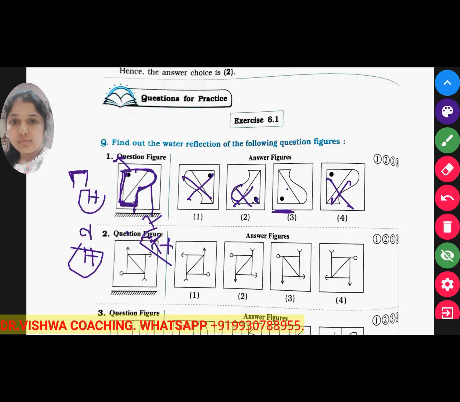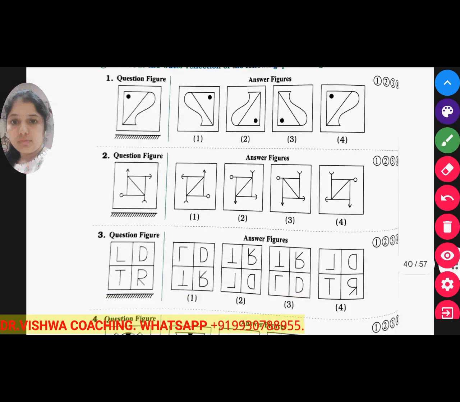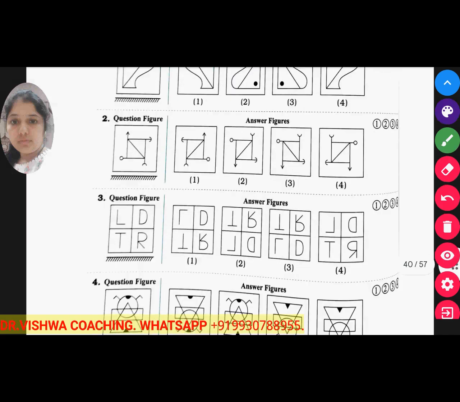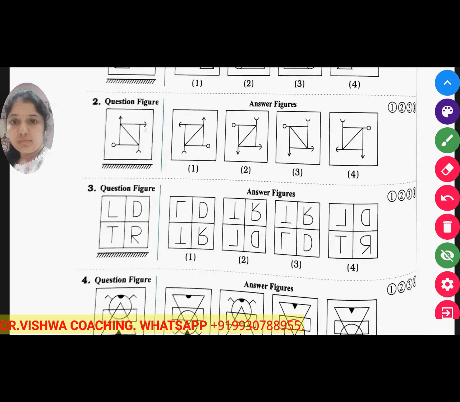Understood? The up part will come to down, the down part will come to up, and whatever is in the left remains in the left, whatever is in the right remains in the right in water images, or water reflection. Now see the second figure. The square will look like a square only, but the change is in these small symbols.